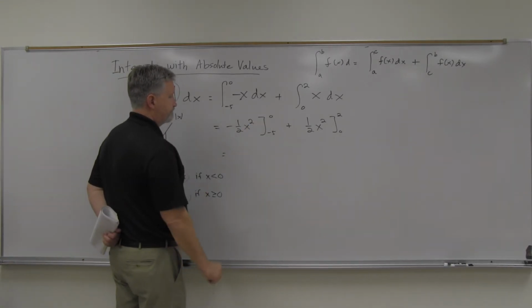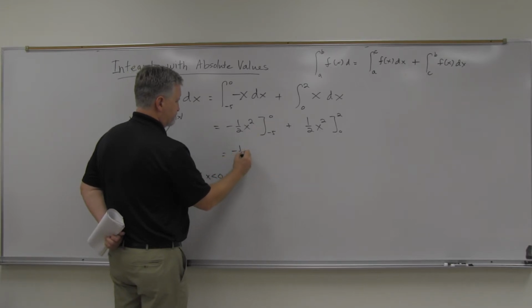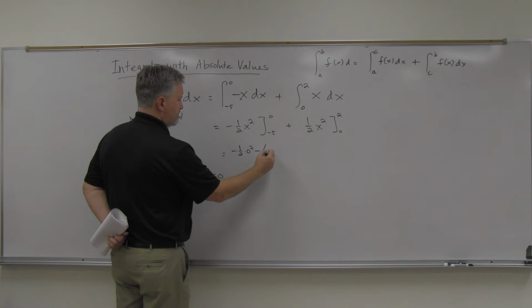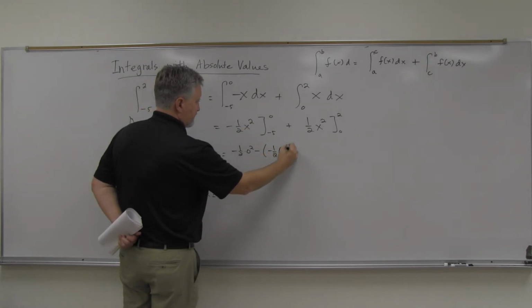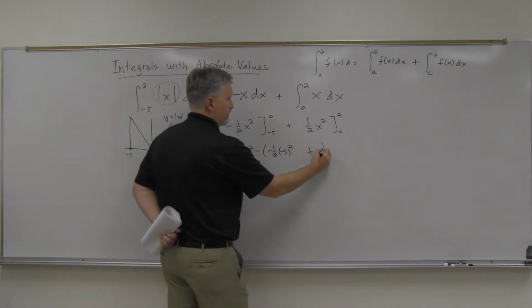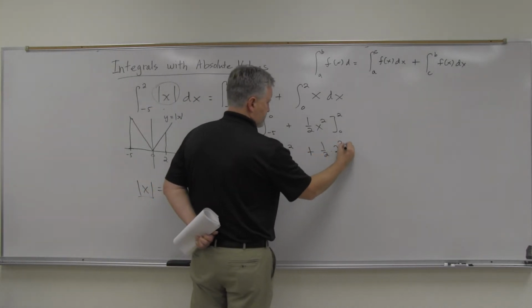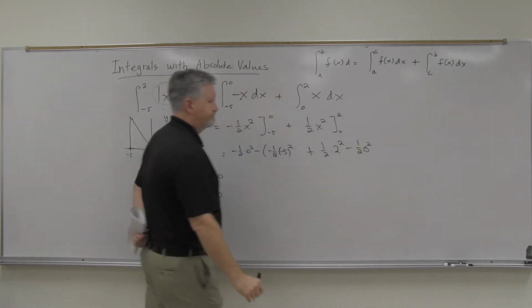All right, so you plug in the 0 first over here, and then subtract, plug in the -5. Right? And then over here, we'll do 1/2 times 2 squared minus 1/2 times 0 squared.